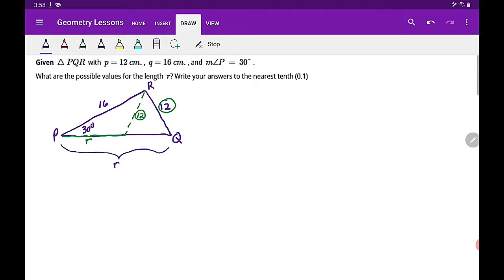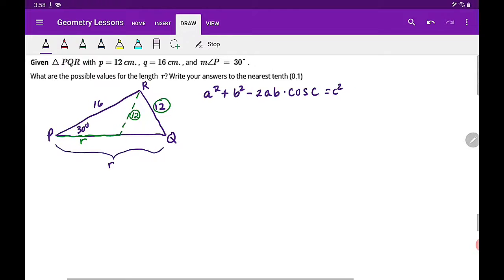The law of cosines states that in any triangle with sides a, b, and c, a squared plus b squared minus 2 times a times b times cosine C is equal to c squared.